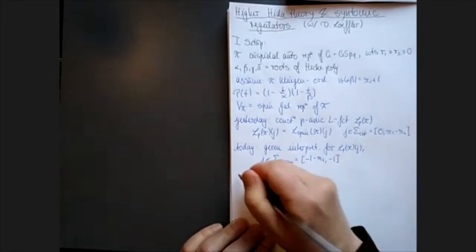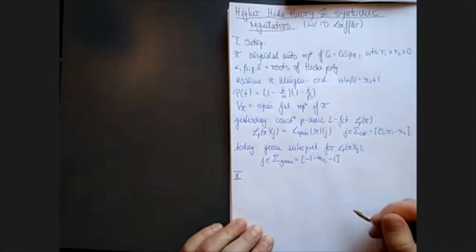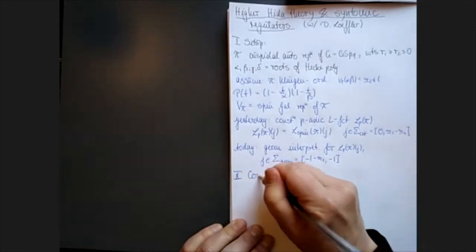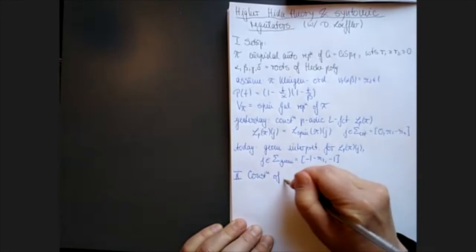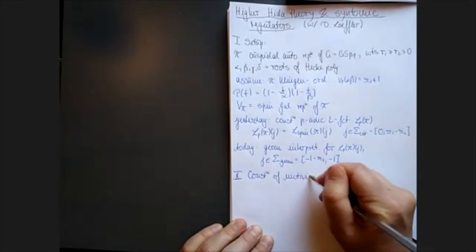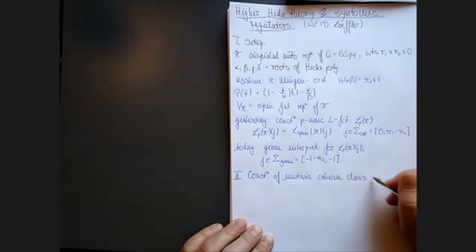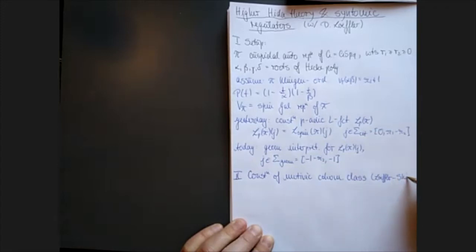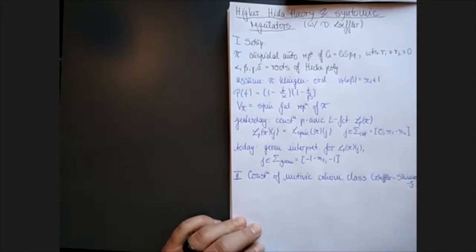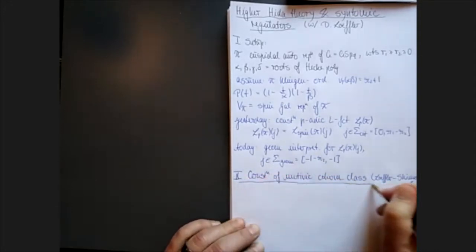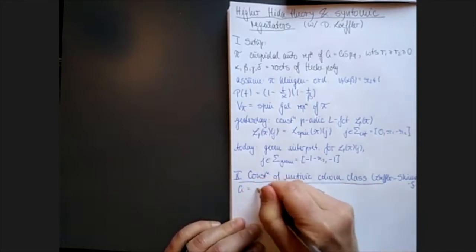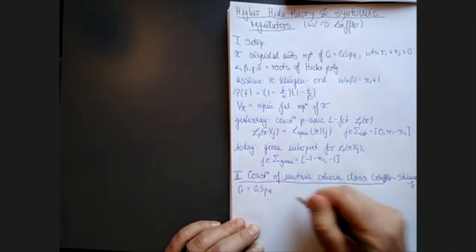Right, so let me first recall the construction of a motivic cohomology class. This is joint work, or this was joint work, with David and Chris Skinner. And it was inspired by work of Francesco Lemma. So we let, as before, G be GSp4.